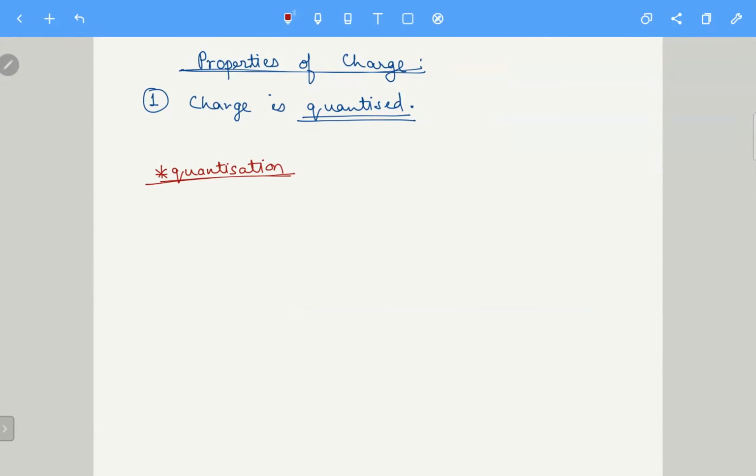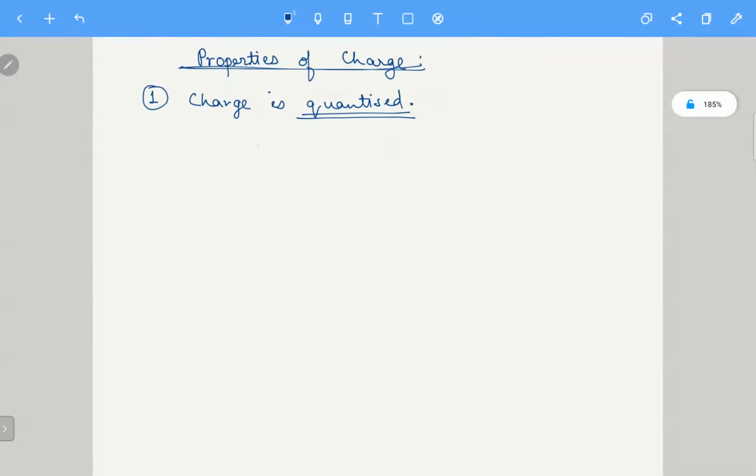Okay. He was perfectly correct when he said that value of charge on any object or any substance is always a multiple of 1.6 into 10 raised to minus 19 coulomb. So if charge is Q, charge Q is always plus minus NE, where N is a whole number, and E is the magnitude of charge on an electron.